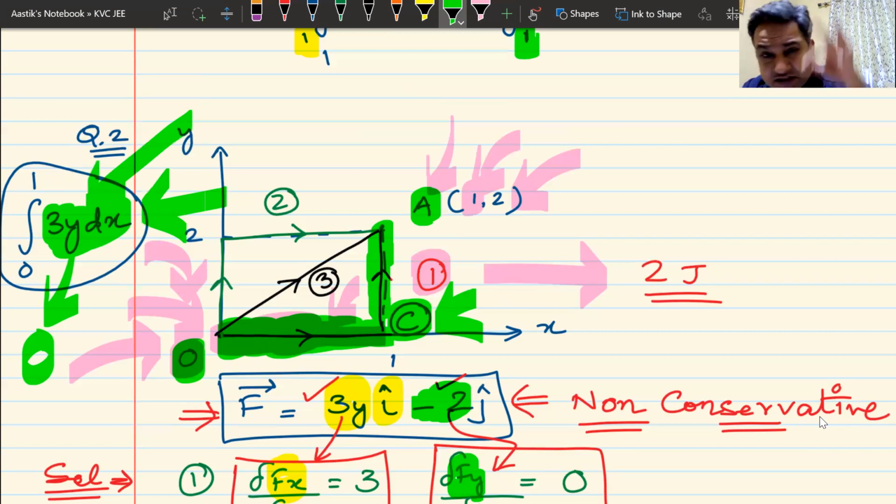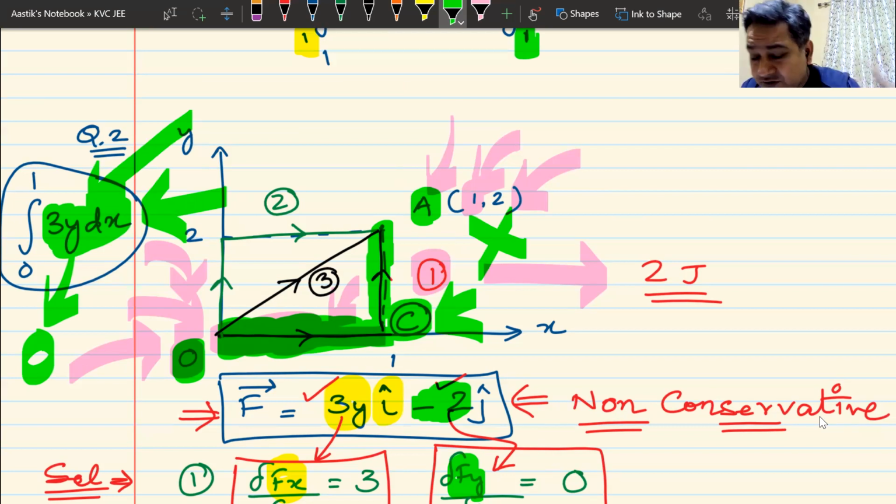Dx means change in the value of x. From C to A, does the value of x change? And the answer is no, sir. From C to A, the value of x does not change because x is a constant.